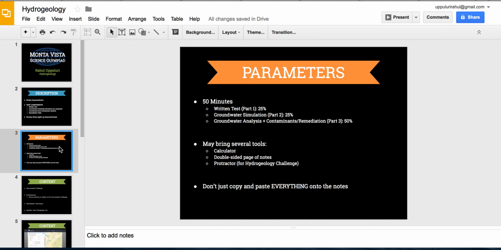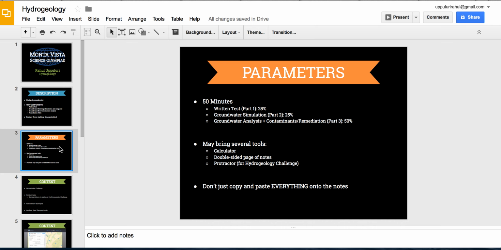The next part is the groundwater simulation, which actually takes place on a computer, which is interesting. That's worth about a quarter of the total percent as well. And lastly, the last part of the test is again a written test, but it builds off of the information, the data that you collected in part two. So that's worth the majority of the percent. It's 50% of the total grade.